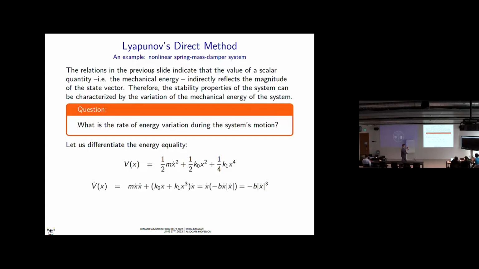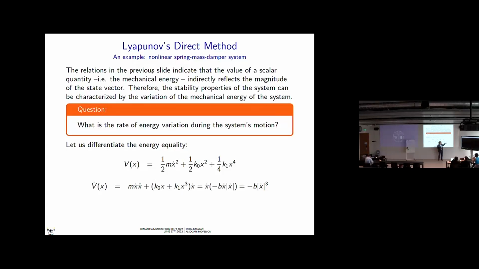When we differentiate this energy function, you have m x dot x double dot, and then you have 2 k0 x dot, etc. And if you calculate this, suddenly you have this. This function is in any case positive, right? The absolute value of x dot.